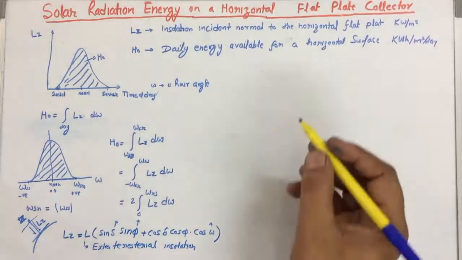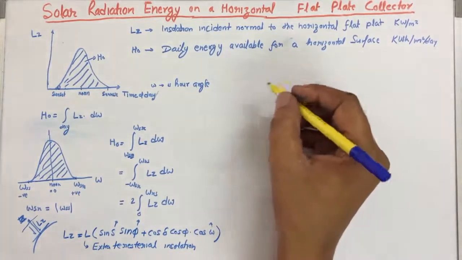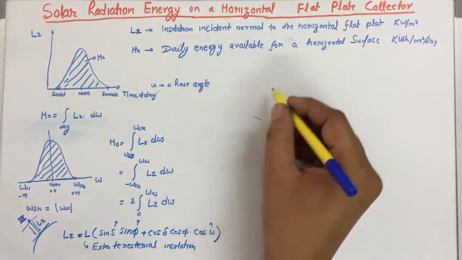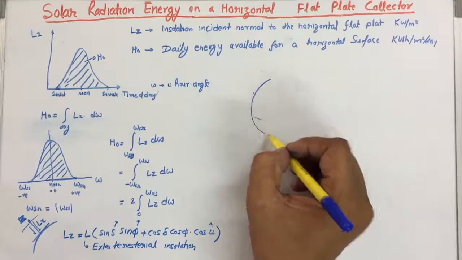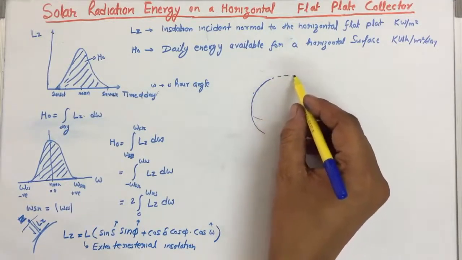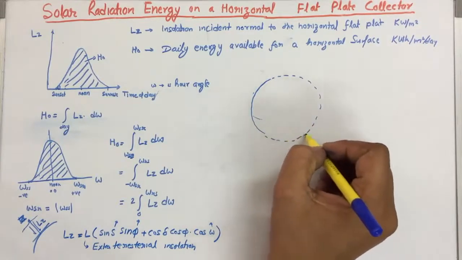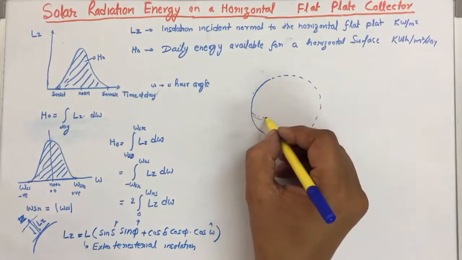So for example, to understand these angles' formation, let us revise once again. Consider a spherical shape of the Earth.